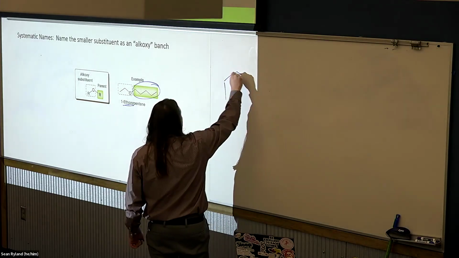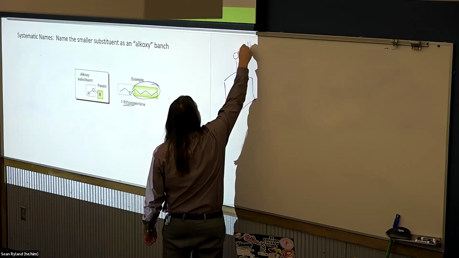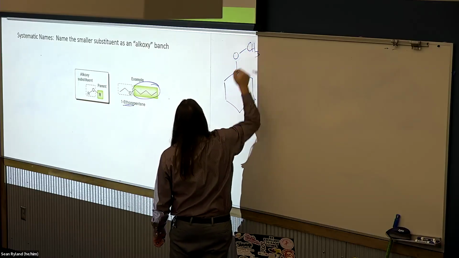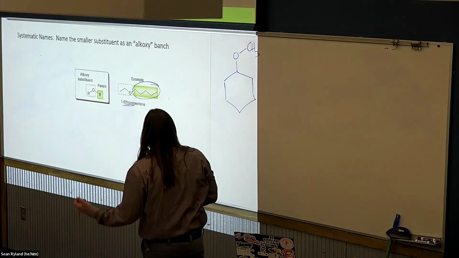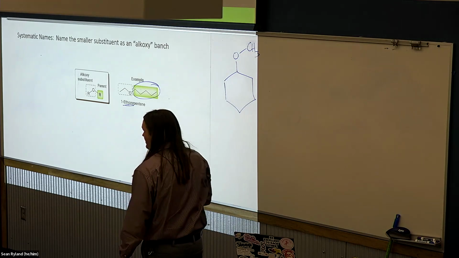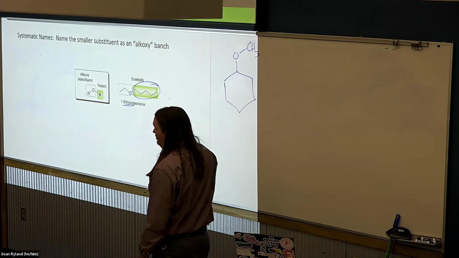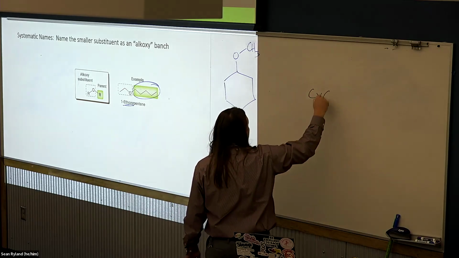So if we had something like this, it's still an ether because we have an oxygen in between 2 carbons, but it's pretty easy to see that the cyclohexane is the larger side of the molecule. So the parent molecule would just be cyclohexane.